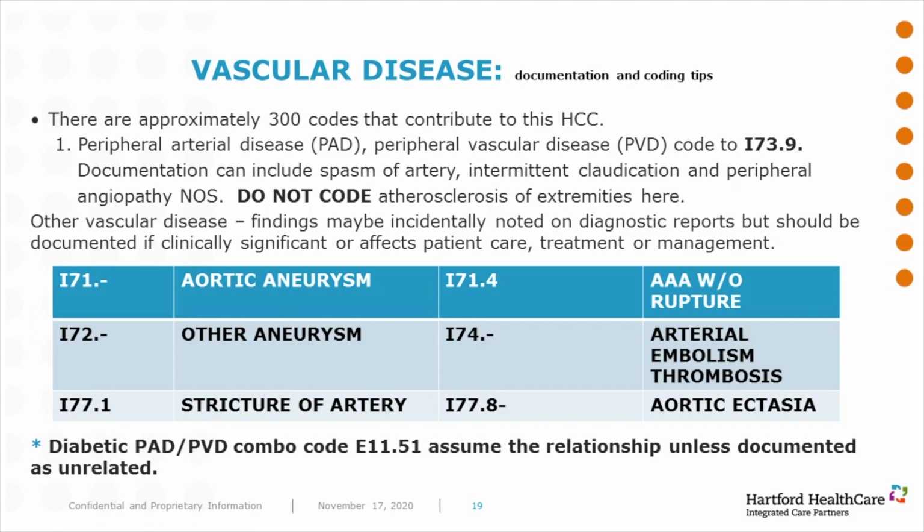We do have diabetic with circulatory condition tools available for your practices. All you have to do is reach out to us via email, which is at the end of the presentation, and we will kindly mail out some of these tools for you if you require them.